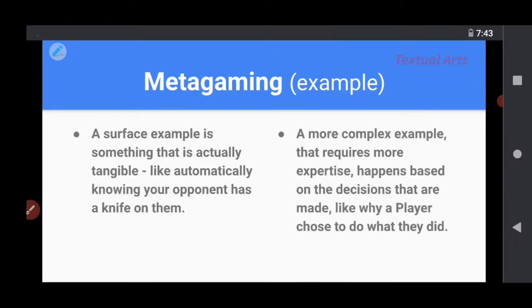Now, a more complex level requires more expertise and is based on decisions that a player chose to make. In some instances it revolves around auto scaling. If you know about auto scaling, I talk about that a lot in my videos, because it's a new revelation about the system that people don't apply or don't know about, so I try to talk about it often to get people on board.